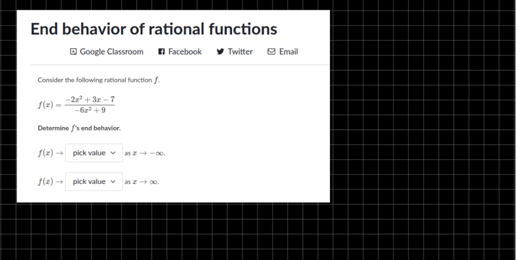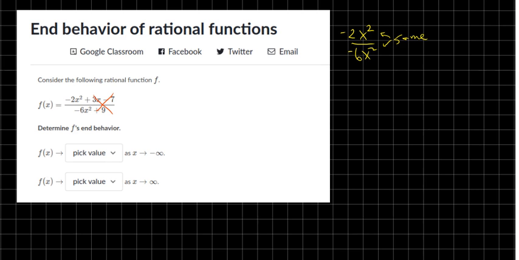Let's look at our last problem. Consider the following function and determine the end behavior. Here we don't really care about the stuff at the end anymore. We're going to have negative 2x squared divided by negative 6x squared, and these two have the same degree.